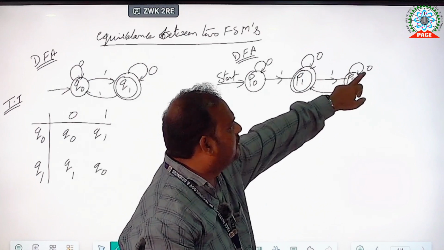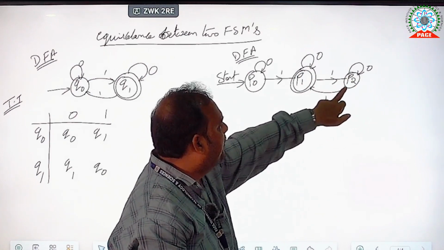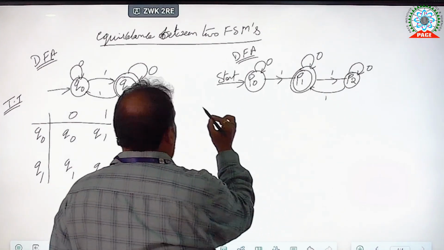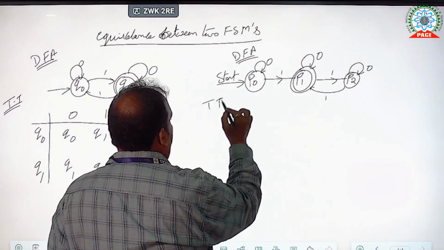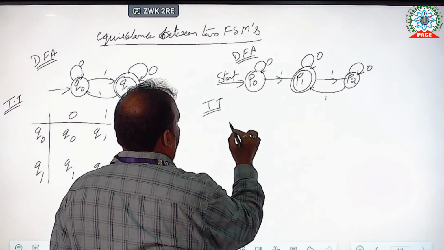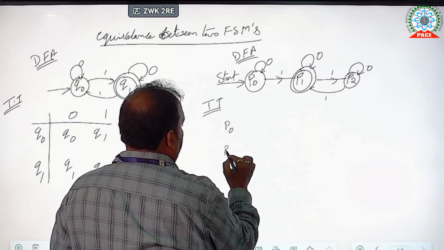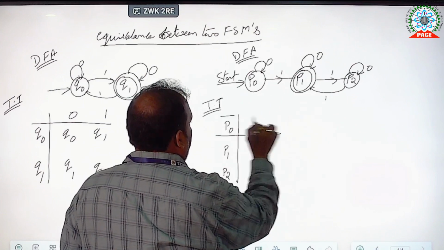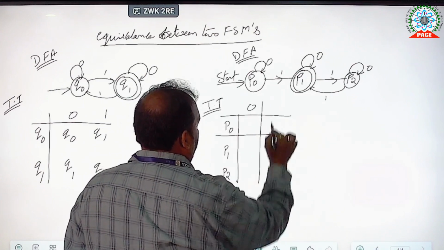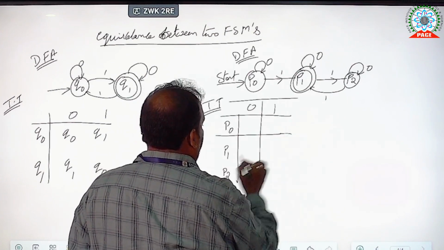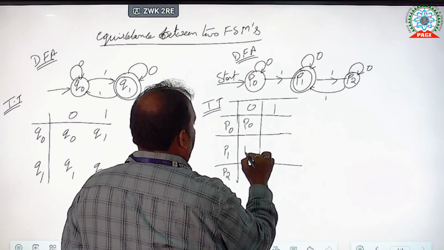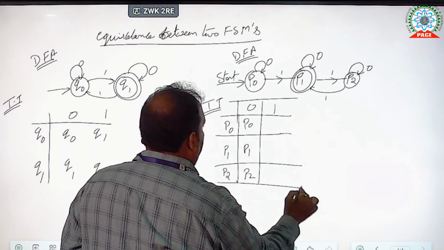Based on this, I am writing the transition table for the given diagram. So P0 on 1 reaches P1, P1 on 1 reaches P2, and P2 on 1 reaches P1.